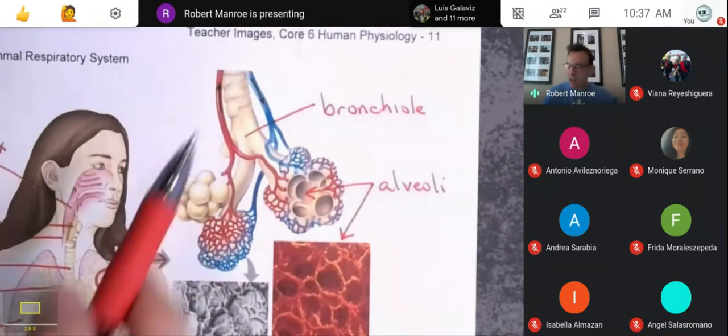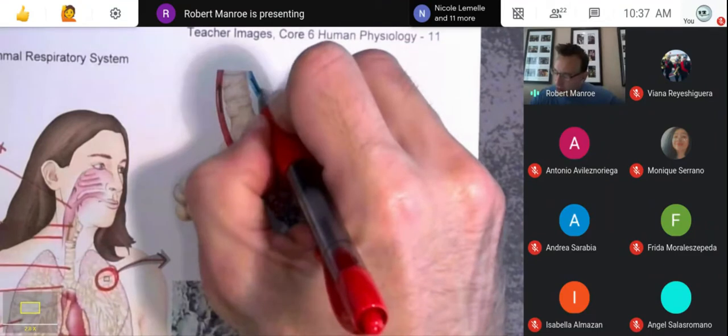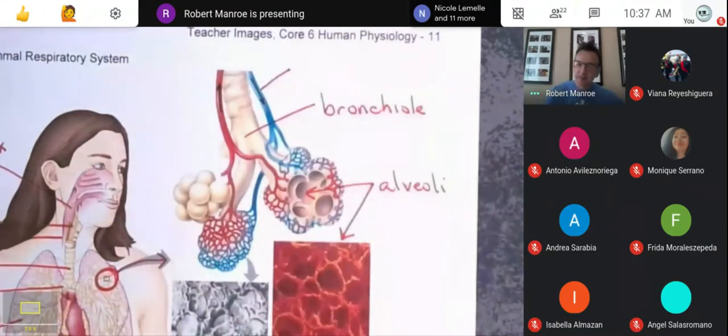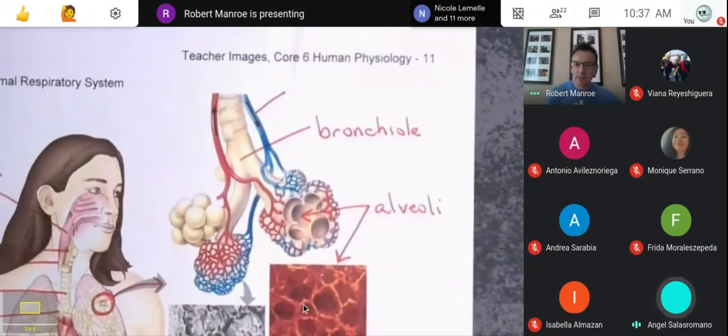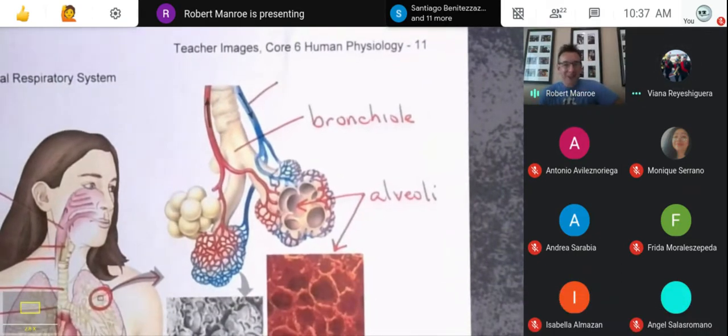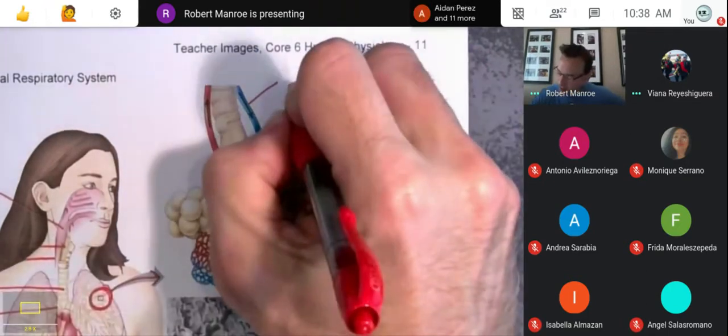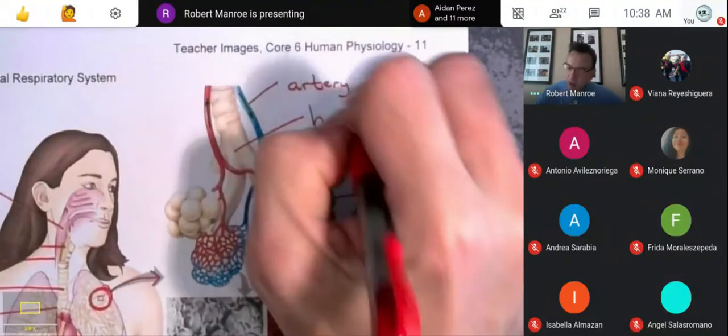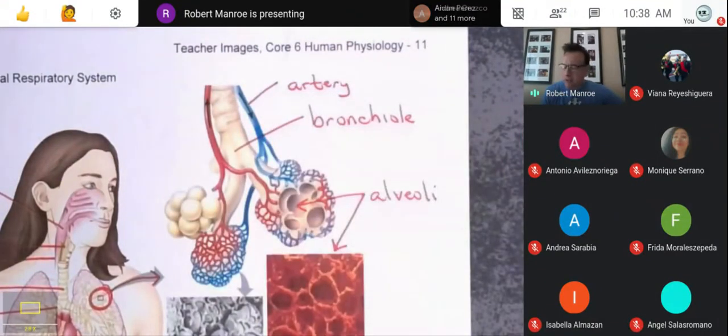Let's tie this back to the heart. Which blood vessel is that? Vein. Artery? Which is it? We have a vein, we have an artery. What do you think? Well, artery brings blood away from the heart. Yes. So this is going away from the heart, therefore it's an artery. Which artery? Well, you're going to the lung.